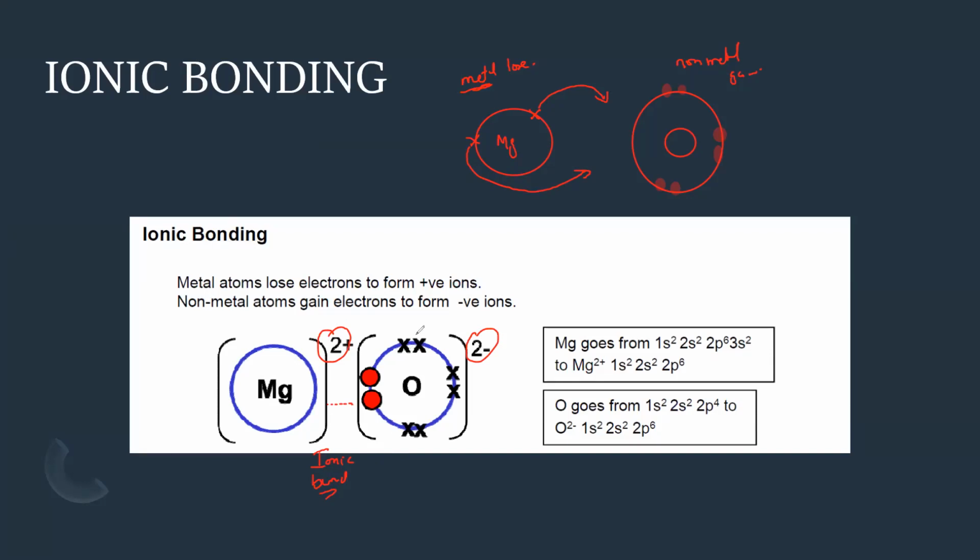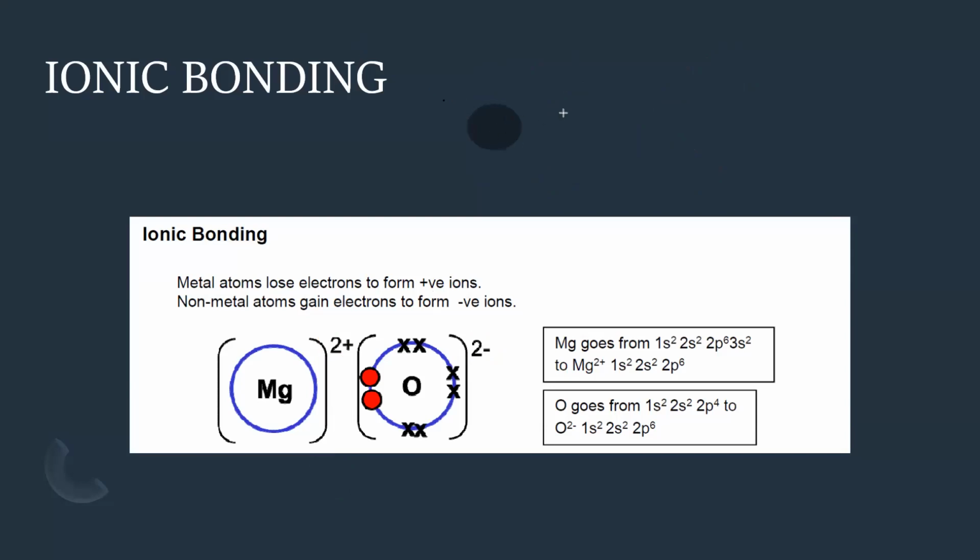Octet means 8. So magnesium loses electrons and oxygen gains electrons. Magnesium gets a positive charge and oxygen a negative charge, and the attraction between them is the ionic bond.